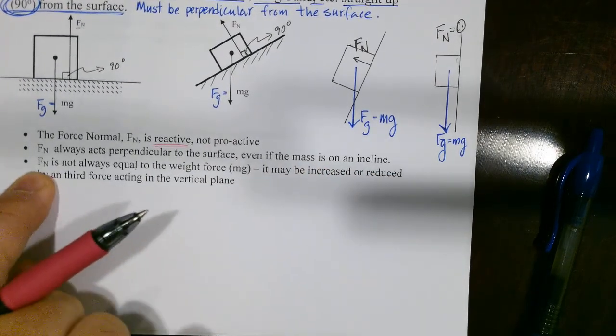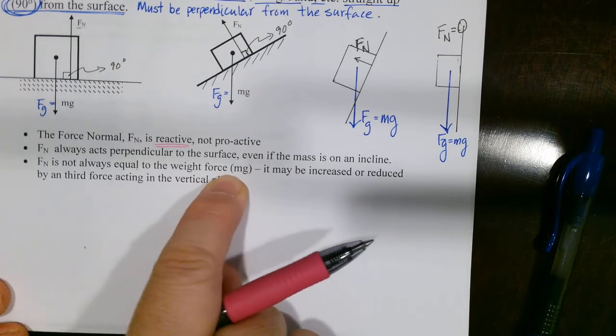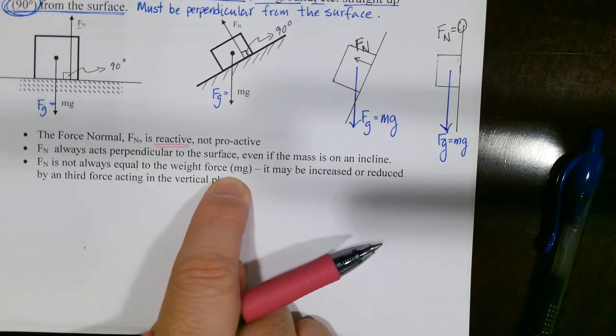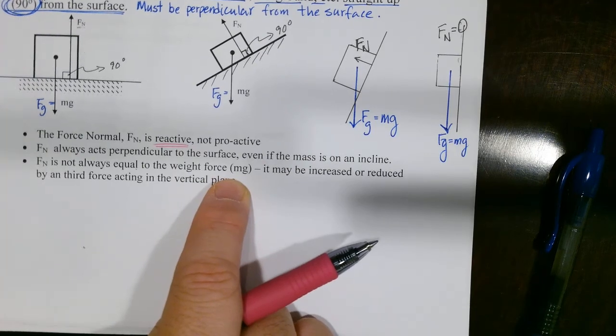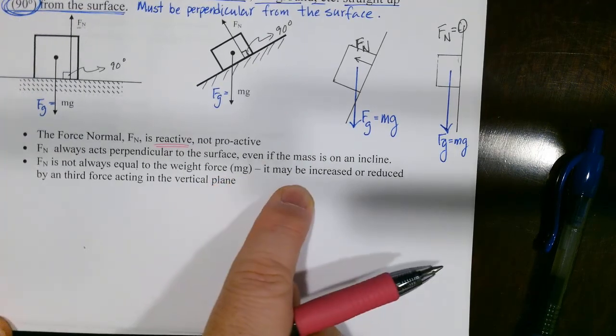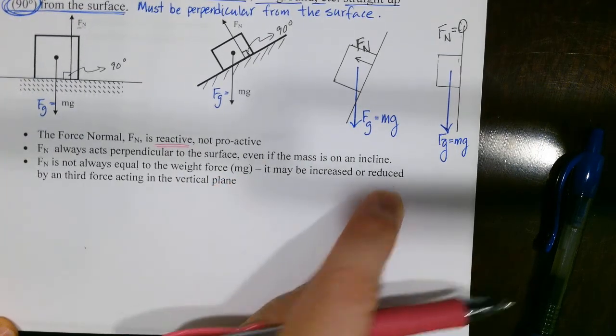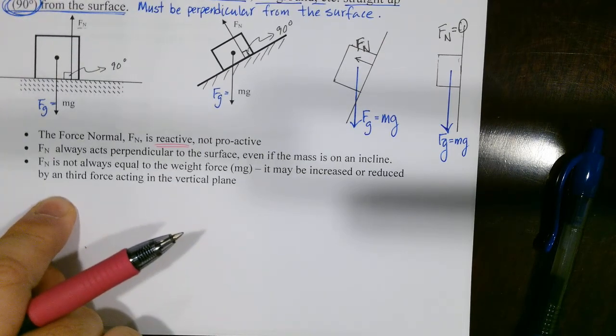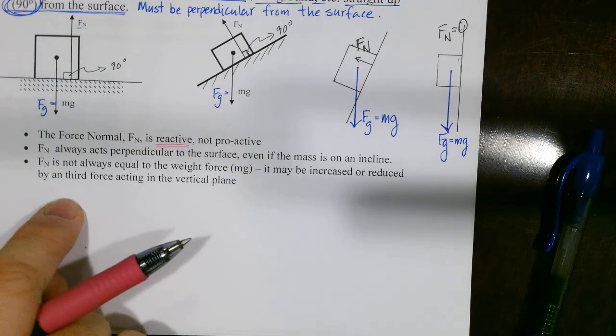F normal is not always equal to the weight force, because I could have more forces acting on it vertically, downwards or upwards, right? It may increase or decrease depending on how the third force is acting on that vertical plane. Okay? It's so important.